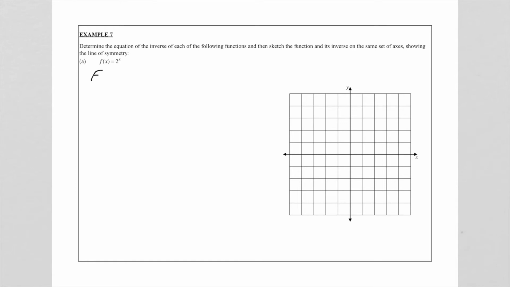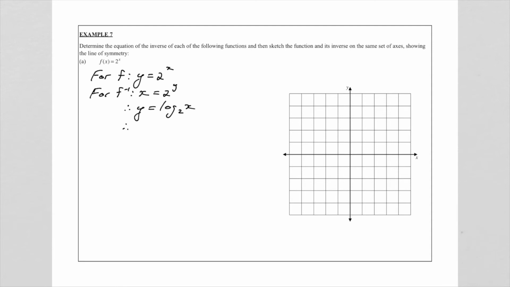So we will say that for f, y is equal to 2 to the x, and then the inverse will be x equal to 2 to the y. According to our log definition, we can now say that y is equal to log x base 2.